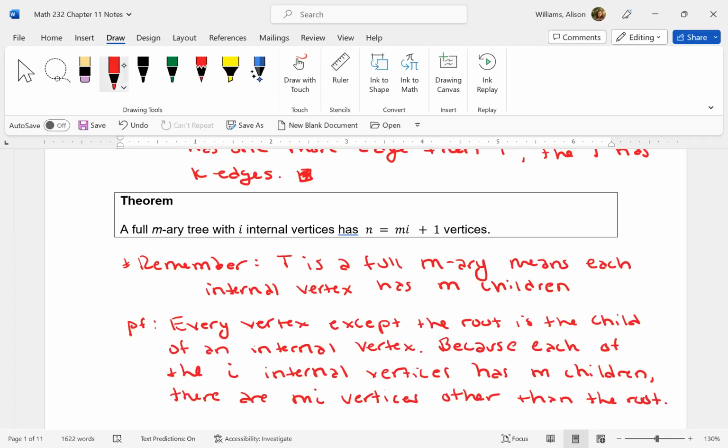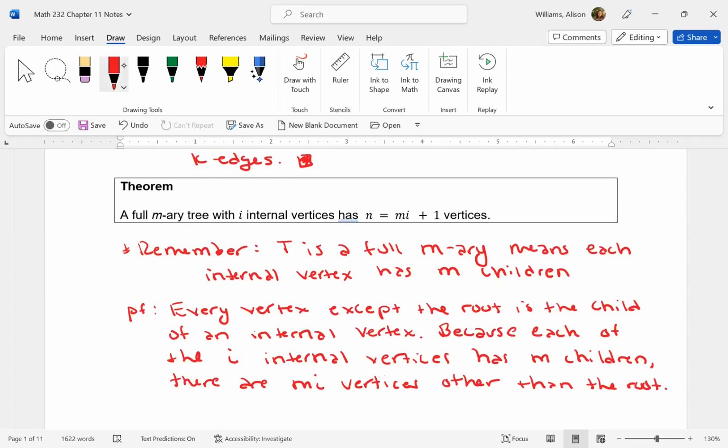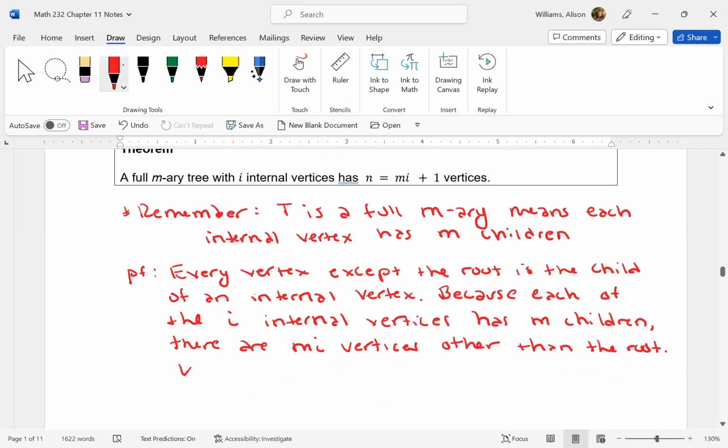But now, if we count the root, with the root, there are Mi plus 1 vertices. And we're done.